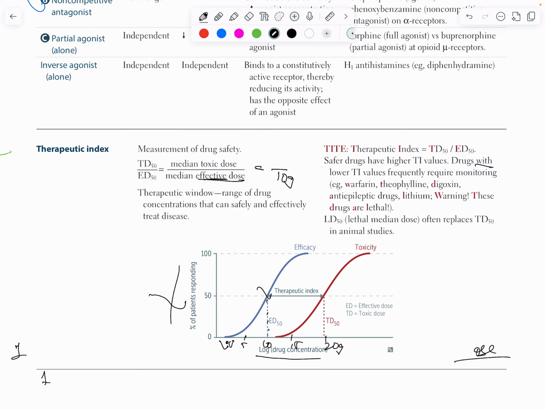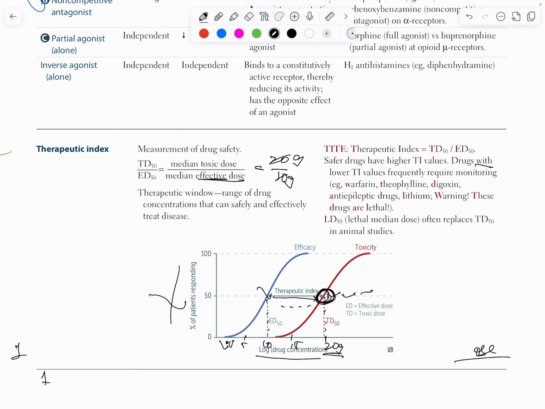Okay? And if you notice, we are increasing the dose with time, and at 20 gram we are getting the signs and symptoms of side effects, or toxic dose. So we will note this value as the median toxic dose, that is 20 gram.